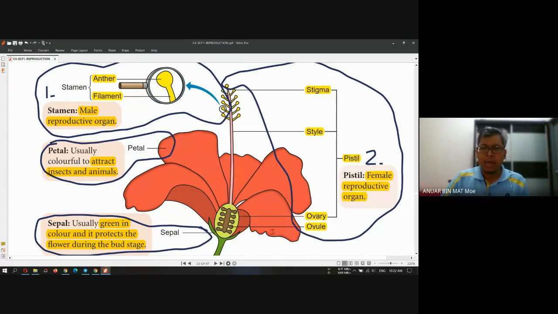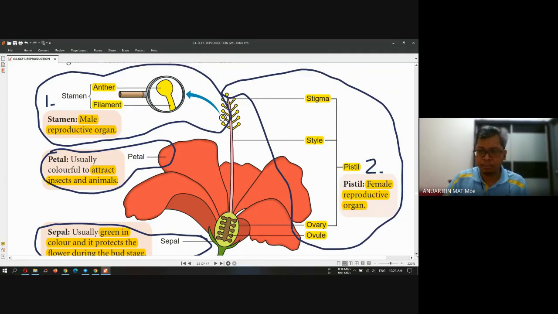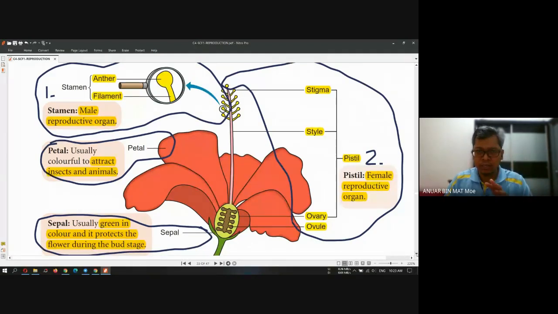I want to ask you a question to see whether you understand the diagram or not. If the question asks you which are the structures that are not involved in the plant reproduction system. In plant reproduction, which are the structures which do not get involved?